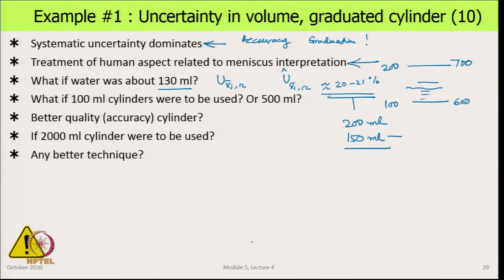Now, you say that instead of using one cylinder of 1000 milliliter capacity, I measure the water using say 2 cylinders of 500 milliliter capacity. So, what do I do?